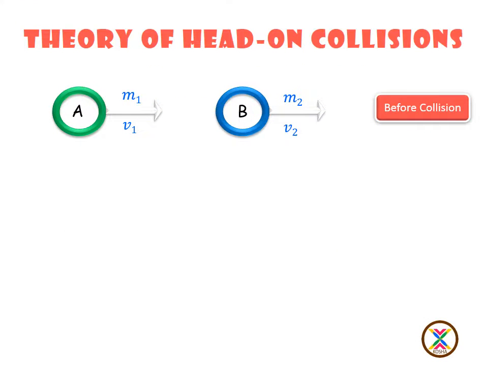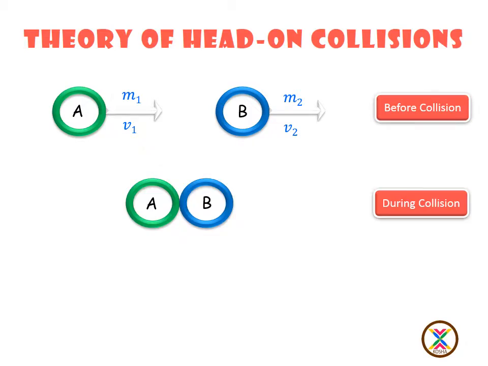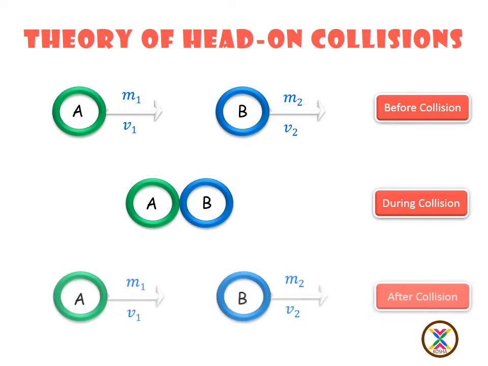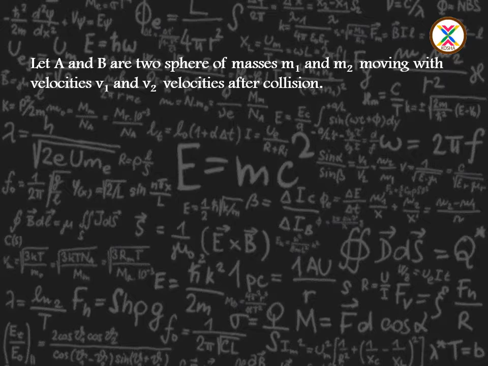Theory of head-on collisions: before collision, during collision, after collision. Let A and B be two spheres of masses m1 and m2 moving with velocities u1 and u2, and velocities v1 and v2 after collision.